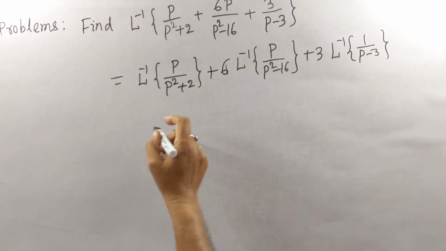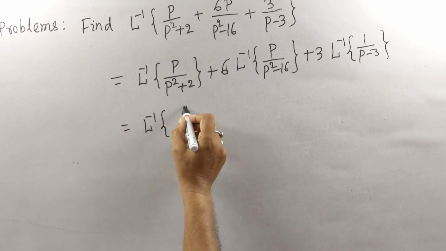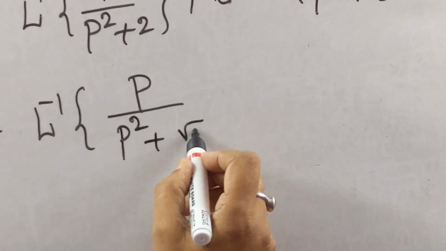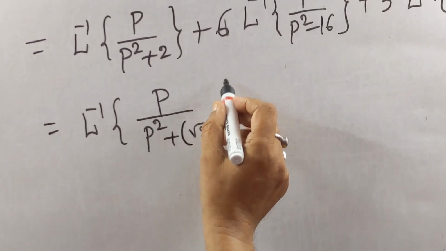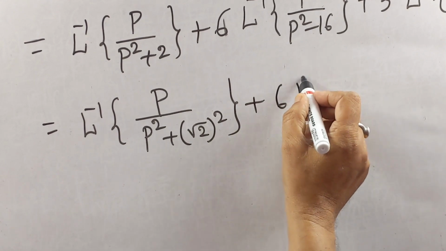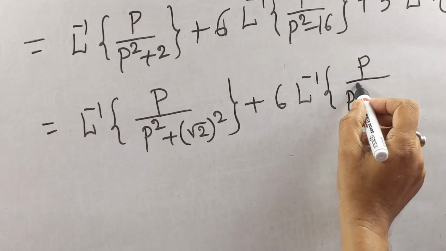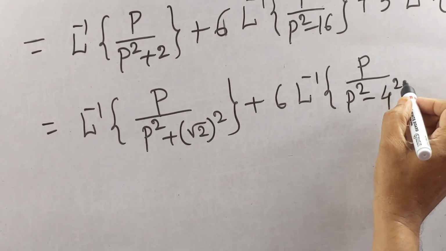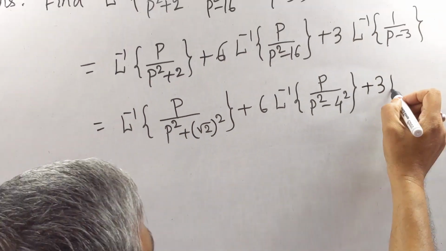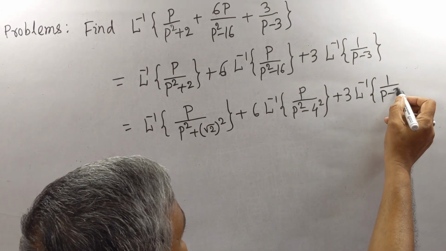Equal to L inverse p by p square plus square root 2 whole square, plus 6 L inverse p by p square minus 4 square, plus 3 L inverse 1 by p minus 3.